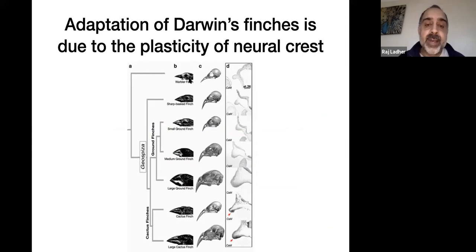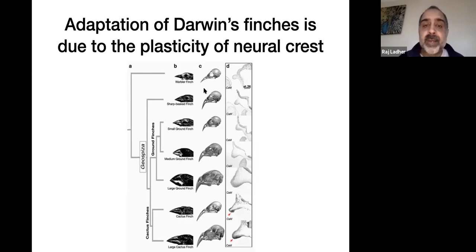There are a number of different finch species with different beak morphologies, and they're all essentially related. Depending on what they're feeding on, they have different beak structures.